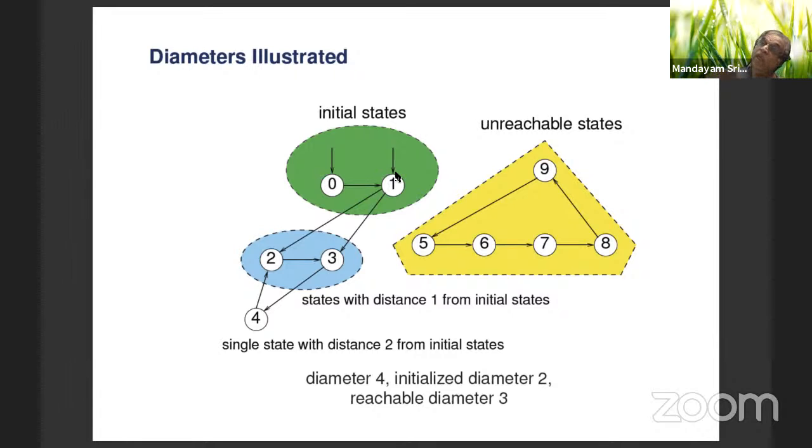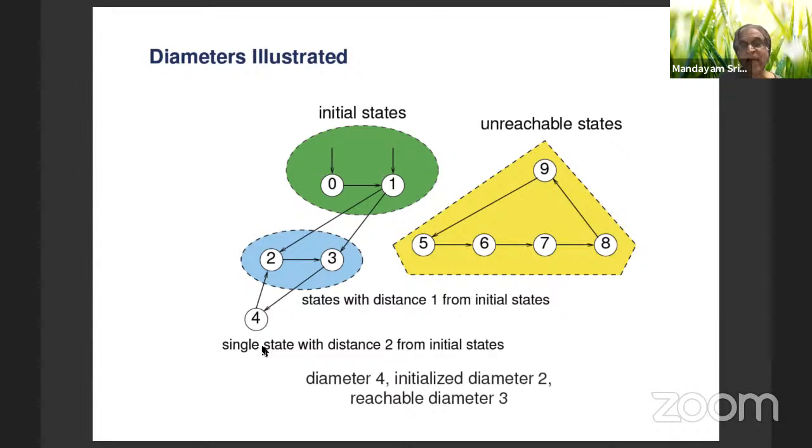So in the worst case, that not P state has to be reachable by a path which is the largest of all the distances between an initial state and a state reachable from it.